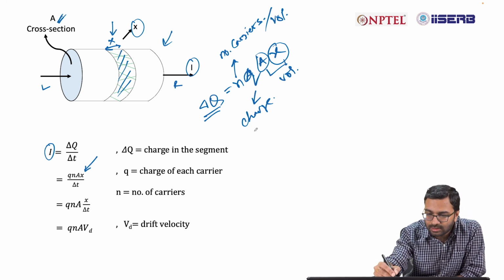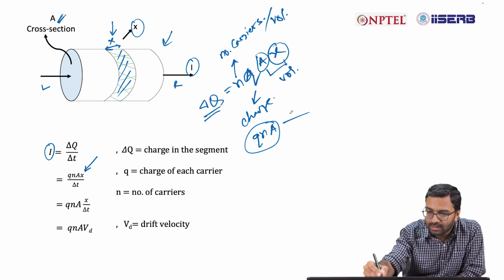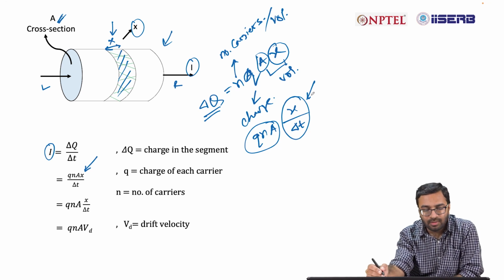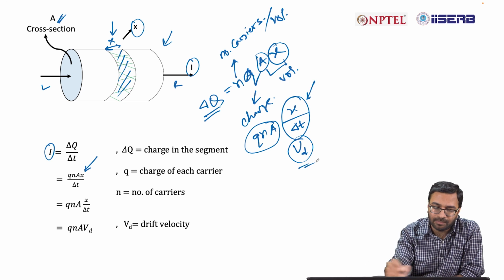Now, let us take q into n into A separately and consider x by del t. Now, x by del t has a dimension of velocity. We call this the drift velocity Vd.